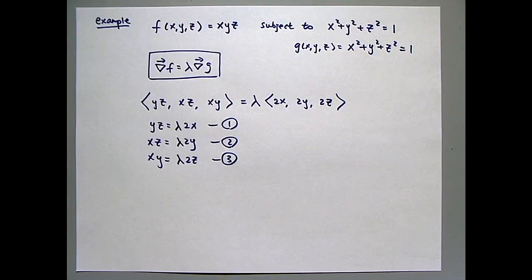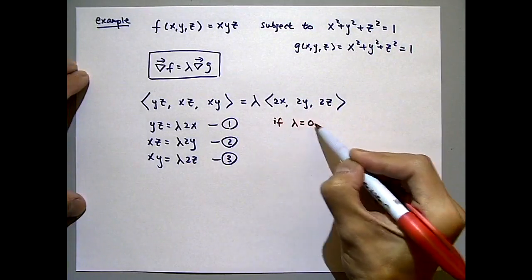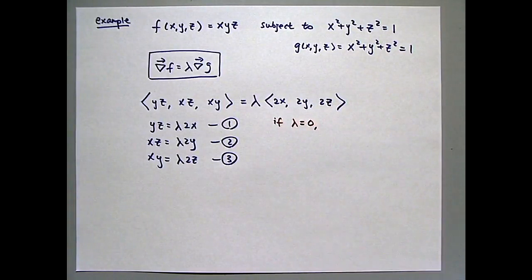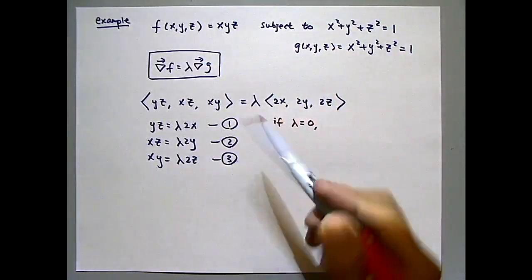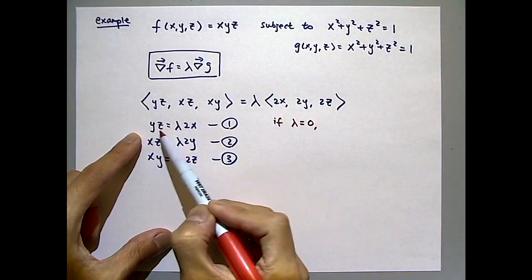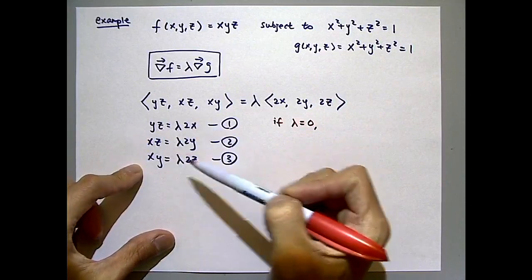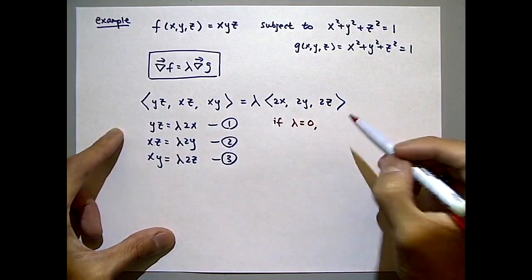Now here's going to be a little bit of conceptual mental gymnastics. Just like last time, we're going to first examine if lambda is allowed to be 0 before we do anything else. If lambda is equal to 0 in any of these equations, say the first one, that means at least one of the three variables has to be 0. Do you see that? In any of these equations, lambda equal to 0 requires at least one variable to be 0.